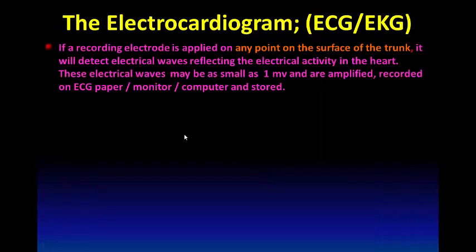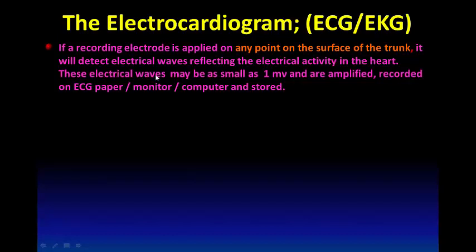Thus, if a recording electrode is applied on any point on the surface of the trunk, and this recording electrode is connected to a galvanometer, it records the electrical activity of the heart. It will detect electrical waves reflecting the electrical activity in the heart.